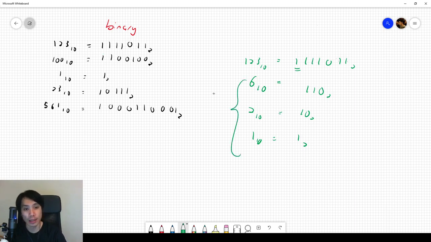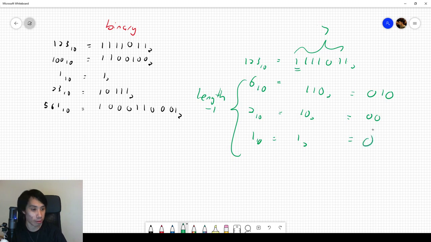But what you see here is actually the length. Remember here the length of 7 is the length minus 1. So length and the actual number are different. If all of the numbers begin from 1, I want the length to begin from 0. So here will be 0 1 0, here will be 0 0, and here will be 0.